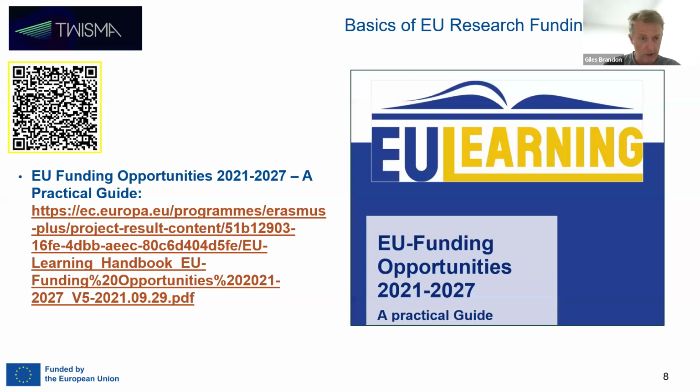This is what I would encourage you to go and look at. There's this publication, EU Learning. The QR code will take you to the PDF. Otherwise, there's also the web link here. If you download that, it's a huge document, several hundred pages. You can do a keyword search on particular terms that may be of interest to you, and maybe you'll find other sources of funding schemes.